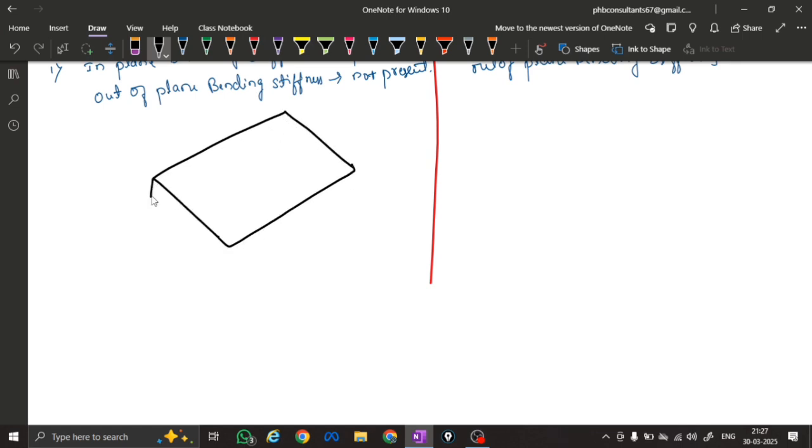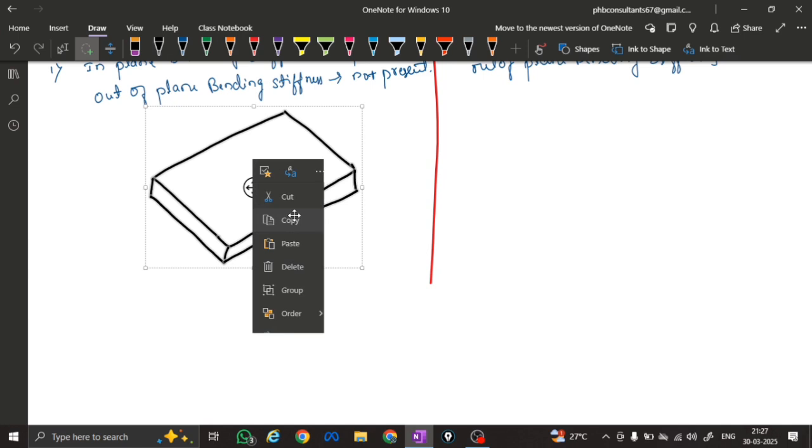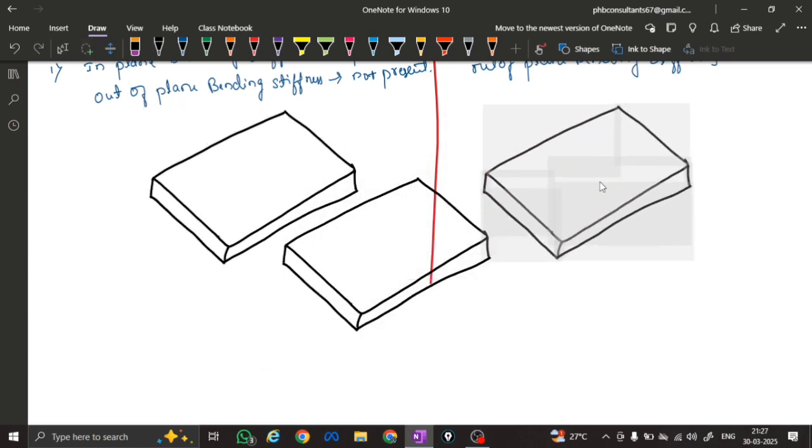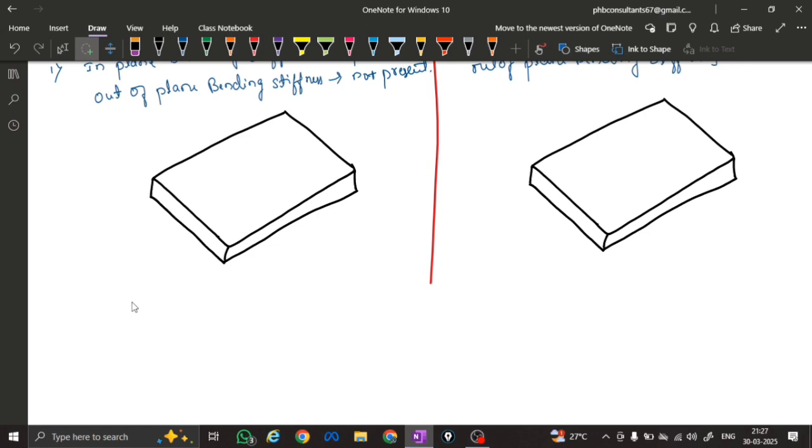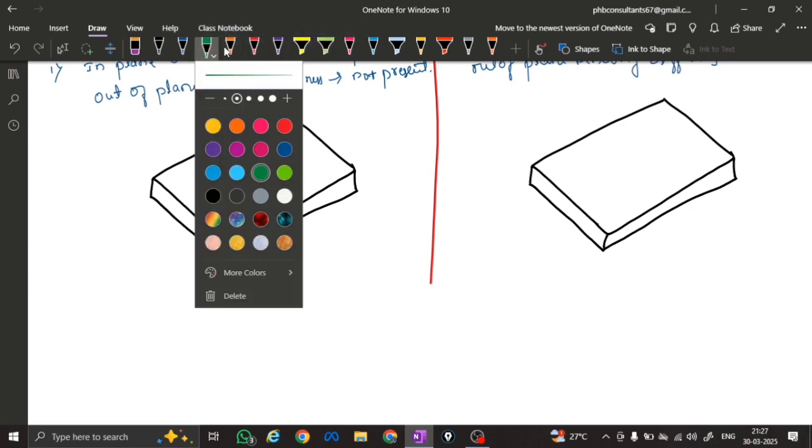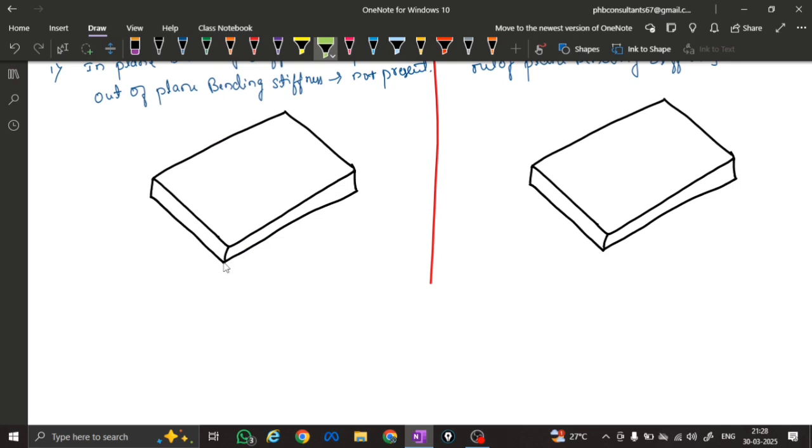This is our slab. Okay, this is slab. In this slab this direction is x direction and this direction is y direction and this direction is z direction.